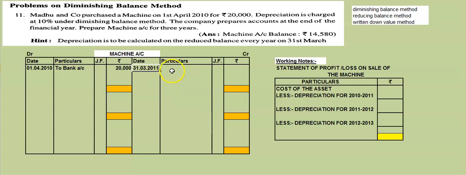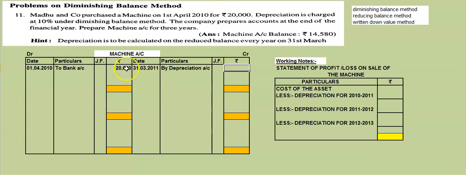So what do you have to do in the last? You have to take the depreciation, by depreciation account. What is the value of depreciation here? On which amount do you have to take it now? This is our diminishing balance method. In diminishing balance method, always you have to see what is the diminished value.